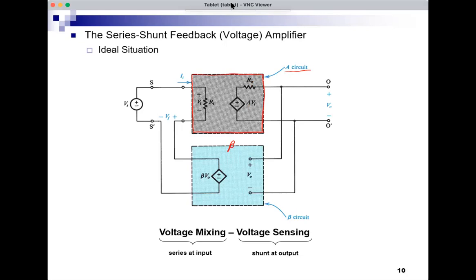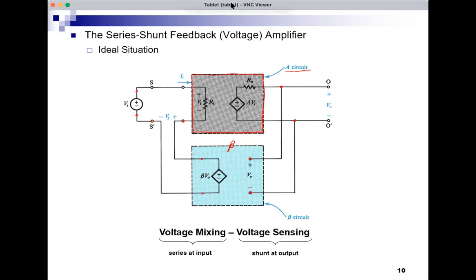And you see here that we are sensing the output and producing a feedback quantity, which is also a voltage from the output voltage, Vf equals beta Vo. That is subtracted here from the source by connecting it in series with it.